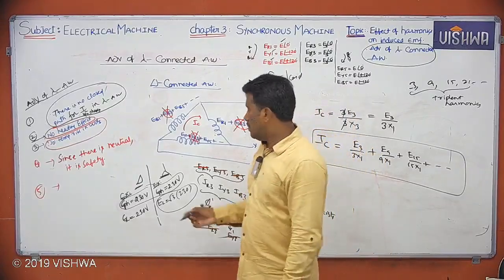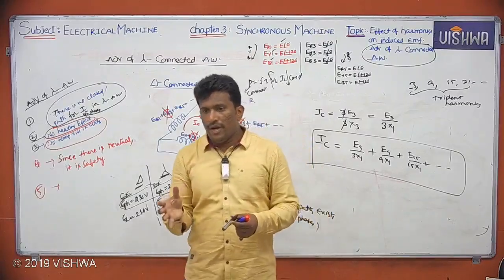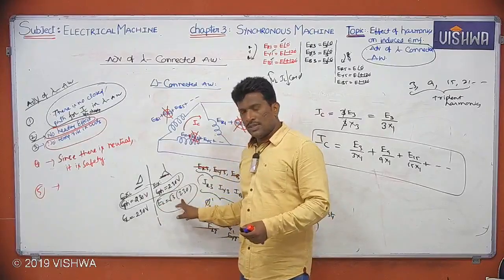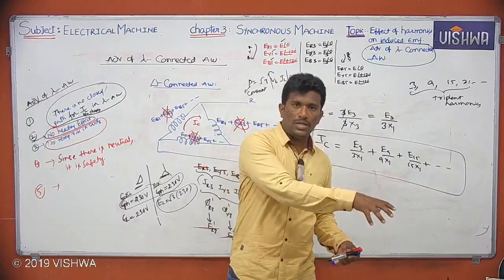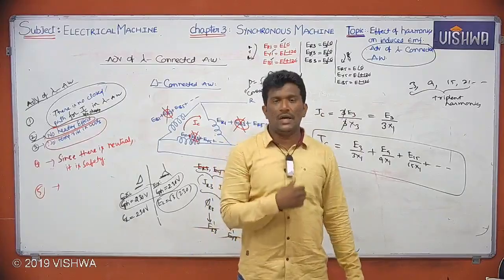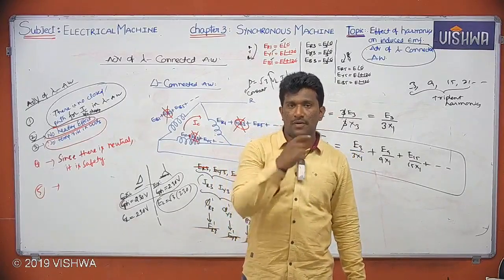So in star connection, line voltage is more. That means if the armature winding is star connection, that more line voltage is given to the step up transformer, so transmission of high voltage is more economical because loss will reduce.